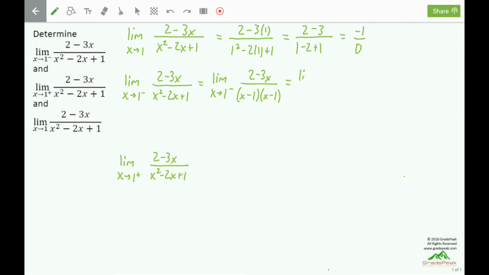Since they match, another way to write this is x minus 1 quantity squared. The factor that's making the 0 in the denominator is x minus 1. There's actually two of them, so it's factors this time that are making 0.